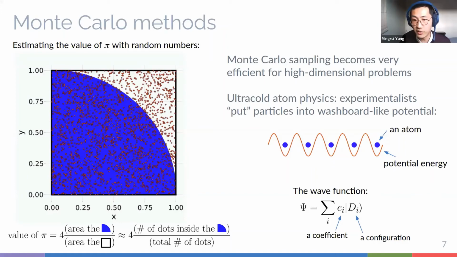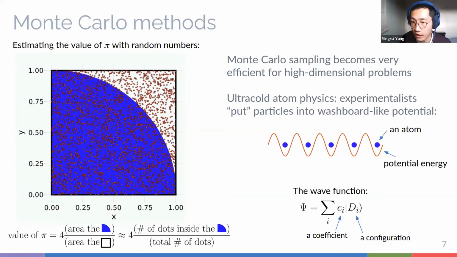When you cool the atoms down to a very, very low temperature, you can individually manipulate these atoms, and put them into a potential that looks like a washboard. From the picture, it looks even simpler than the example on the left. It's just 5 balls in 5 pockets.